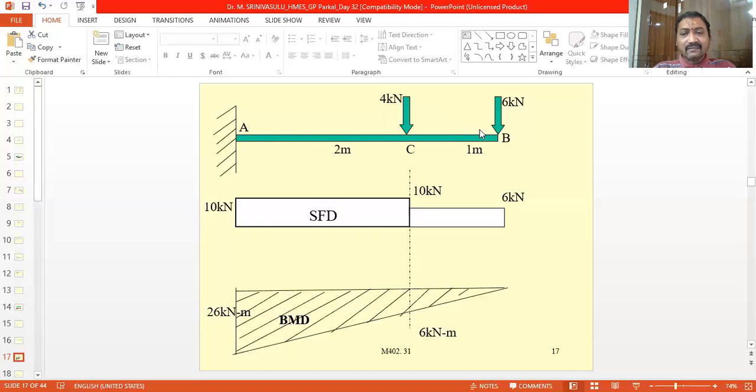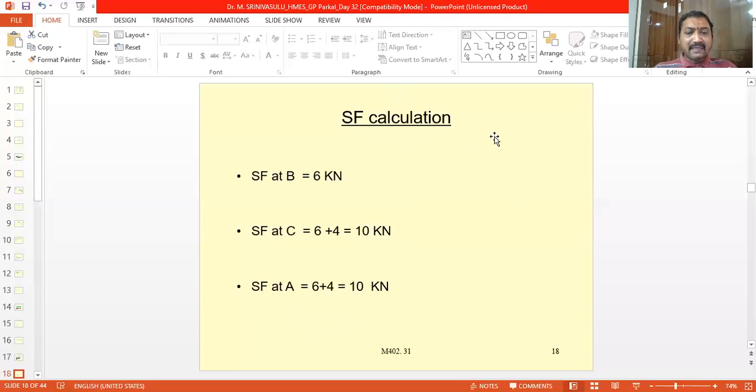But because we need to calculate only one side, and one side load is known, we need not depend on the unknown load. So a downward force of 6 kN is acting to the right. According to the sign convention, the downward force acting to the right is taken to be positive. Therefore, the SF at B is equal to 6 kilonewtons.